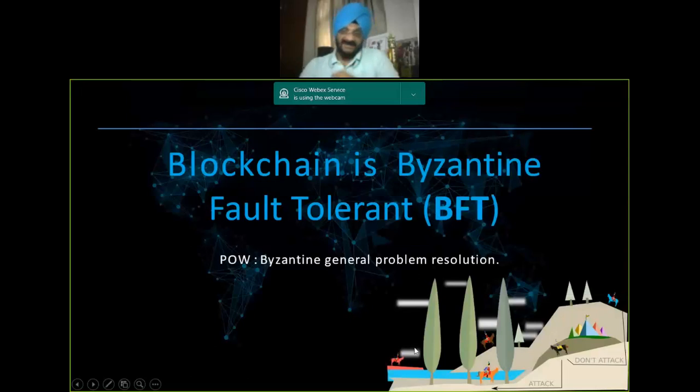So this is what a consensus mechanism is all about. The blockchain is based on an algorithm called Byzantine fault tolerance, and it says that if there are three generals who have to attack a target, the condition is that two generals have to say that we agree to do the attack, and the third general goes along.